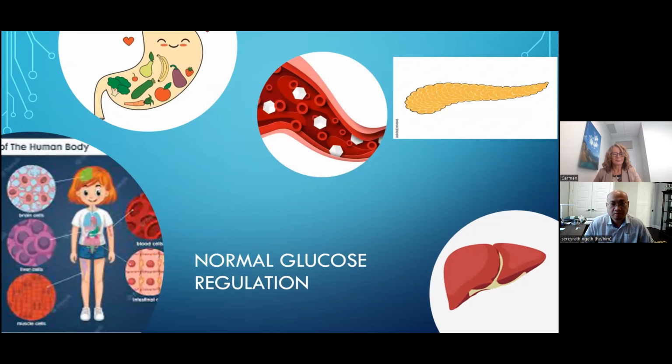Simply put, normal glucose regulation involves the consumption of food as fuel, which is then transported throughout the body for cellular energy. Foods we eat are processed into a form of glucose that enters the blood. Blood glucose rises as a result.